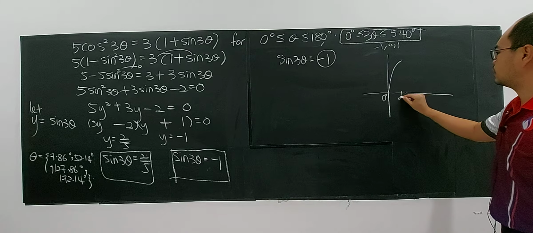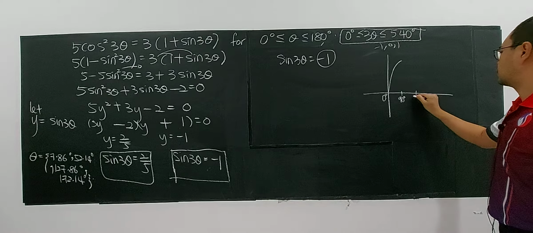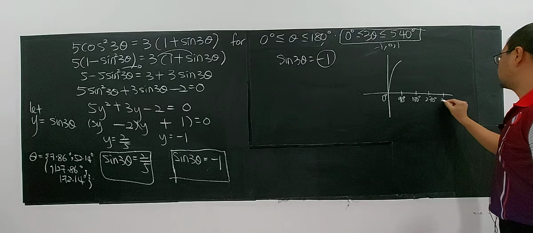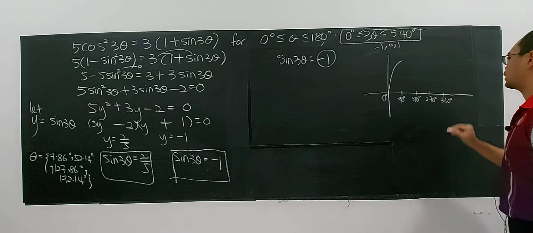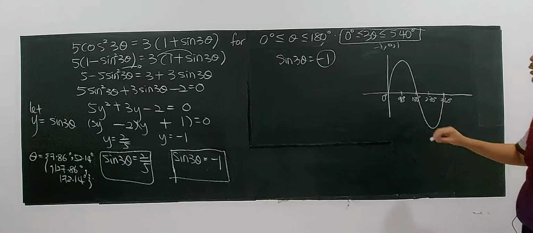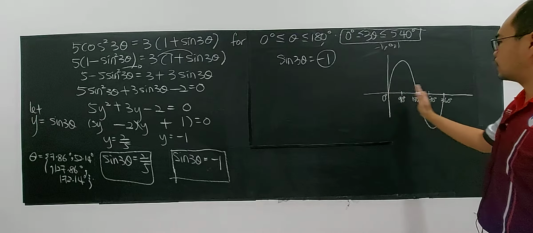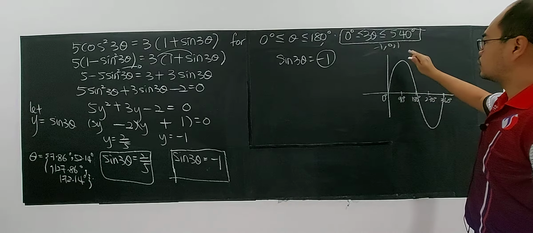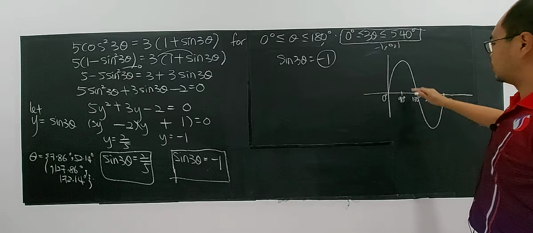You have 90, 180, 270, 360. So this is the graph here. So you have 0. We can use the basic curve for sine to get other solutions.